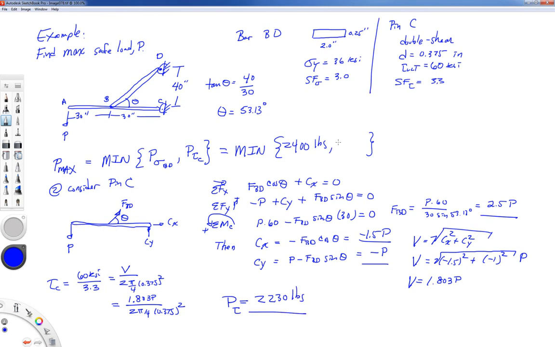All right, so that goes up in here now. So the answer to our problem then is, what's the biggest load that we can put on the structure so that both of those safety critical components remain safe? The answer is 2,230 pounds.